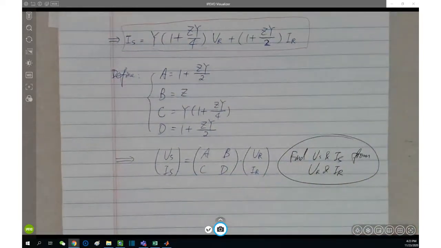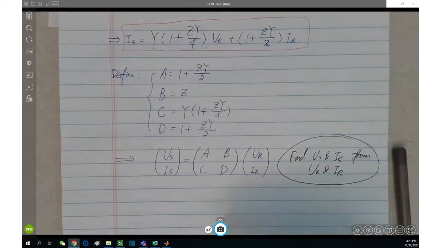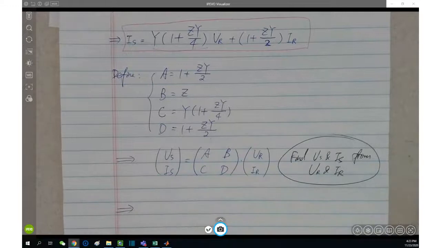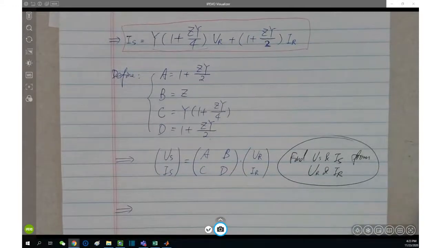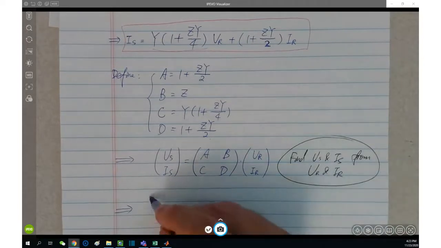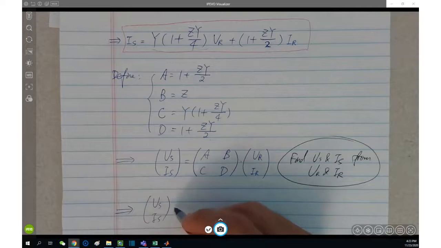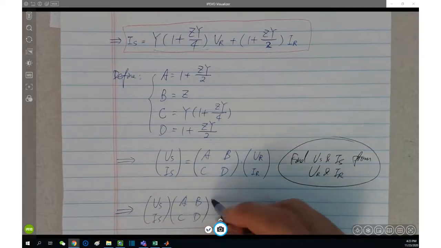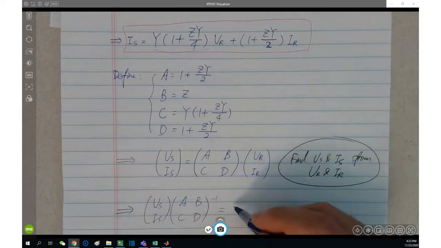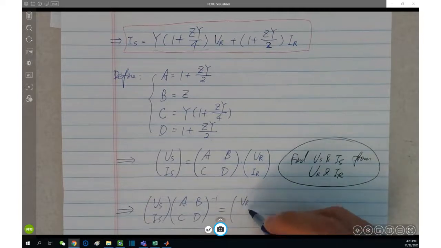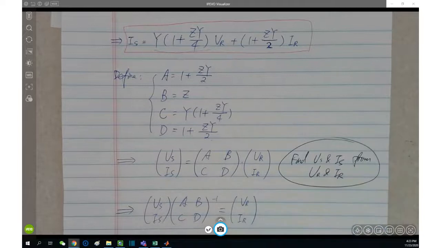And of course, we are able to go the other way around, right? How to find the VR and IR?